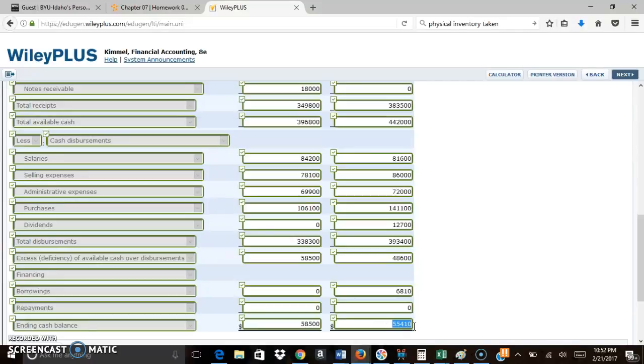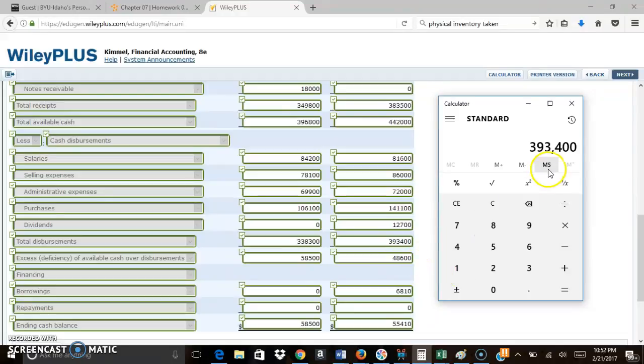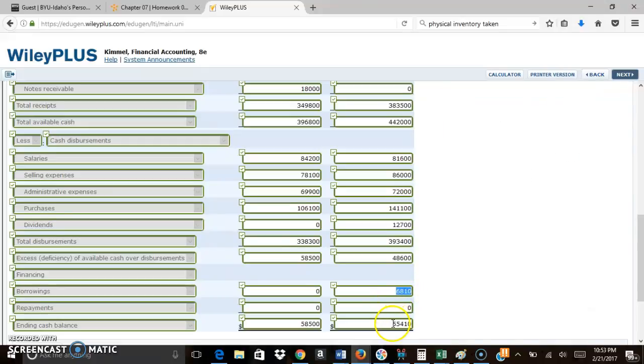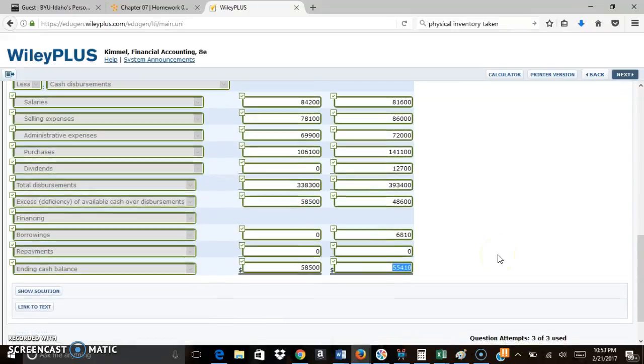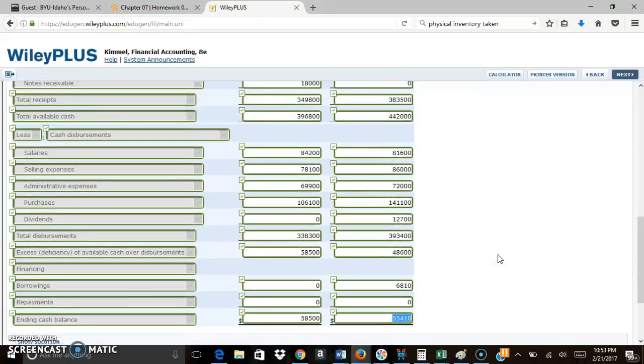And so we put that down for our ending balance, and the difference between 55,410 and 48,600 is 6,810. So we borrowed that amount to get us back up to 55,410, and then there's no repayments for this month. So that is my tutorial.